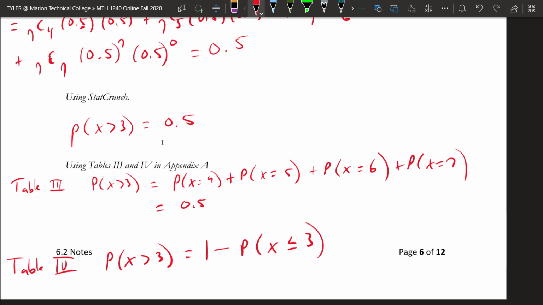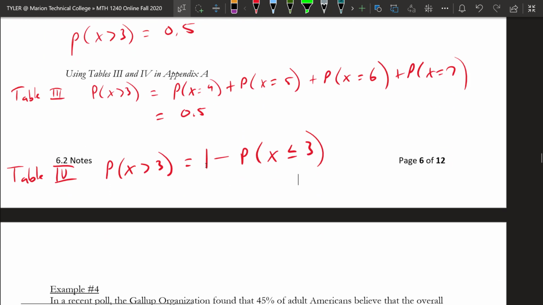If your number is bigger than 3, the opposite of that would be 3 or less. So this is using the complement rule. So then you can locate this in table 4, and you can take 1 minus that value, which is 0.5, to get 0.5.